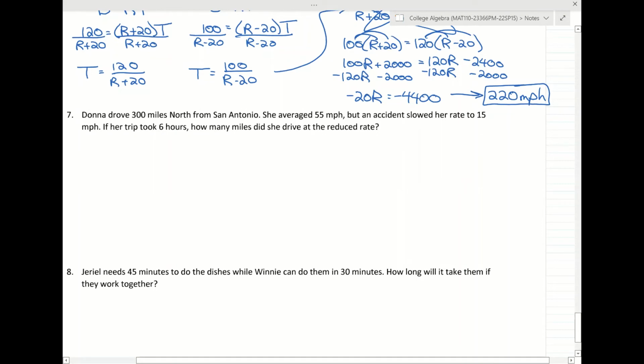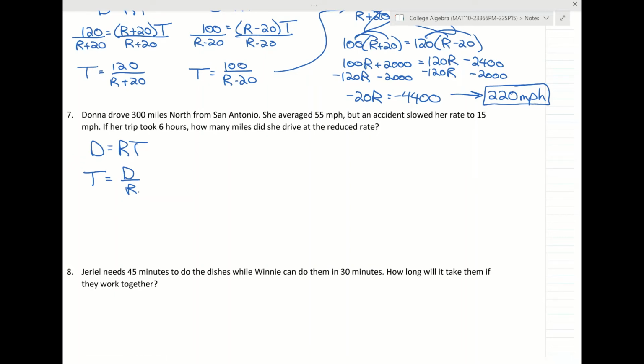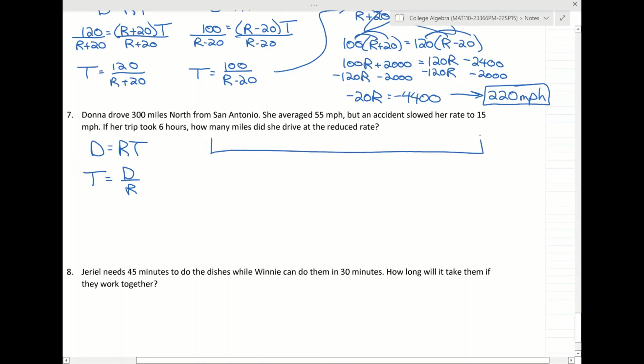So let's talk about this. If distance is equal to rate times time, that would mean that time is equal to distance over rate. And as far as our trip is concerned, if we map it out, she averaged 55 miles an hour, but an accident slowed her rate to 15 miles an hour.